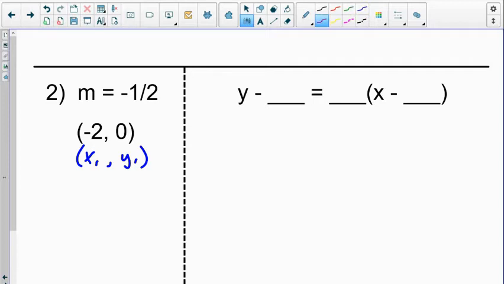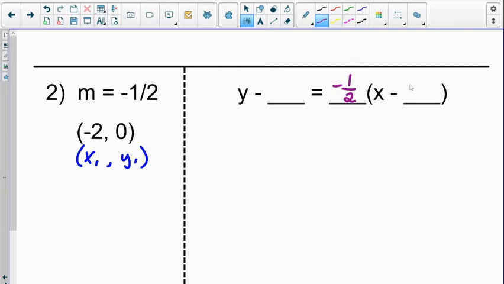All right, so checking. I sometimes like to fill it out with blanks first and then put the numbers in place. So if m is -1/2, I have to think about where m is in my equation. And then remember, oh yeah, it's right after the equal sign. Then my x-coordinate, even though it's listed first in the ordered pair, -2, I have to make sure it's going by the x in the equation, which is at the end of the equation in the parentheses.